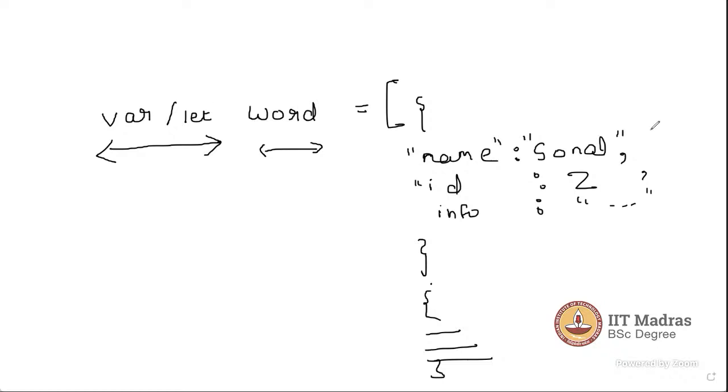This is the first aspect of JSON, why it is related to JavaScript. Second, the reason it is used to pass data around the internet is that it is very easily readable by humans and by machines.